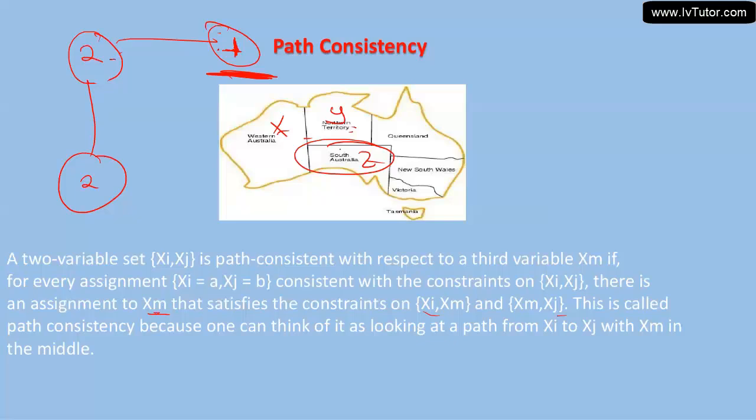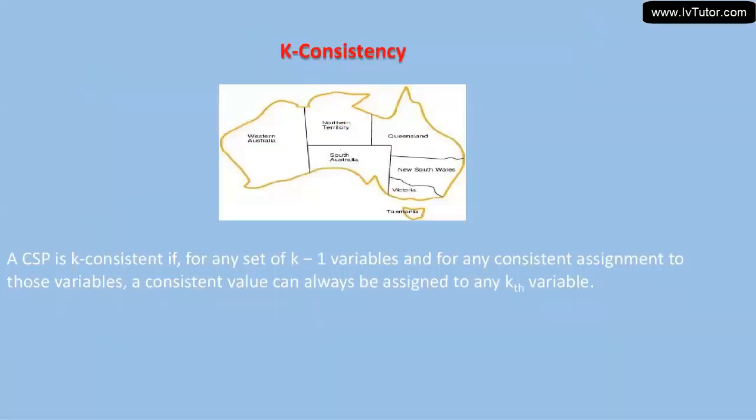So what you see is we had node consistency, arc consistency, and path consistency. Here it was unary, you dealt with 1, here we dealt with 2, here we're dealing with 3. So we can generalize it and have what we call K consistency.